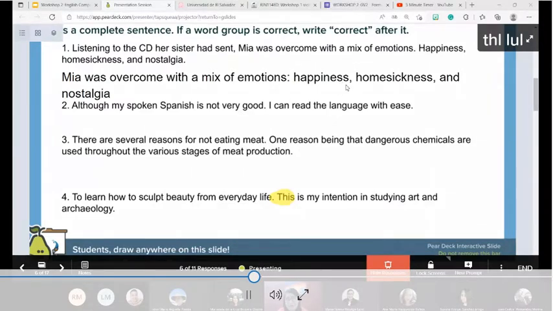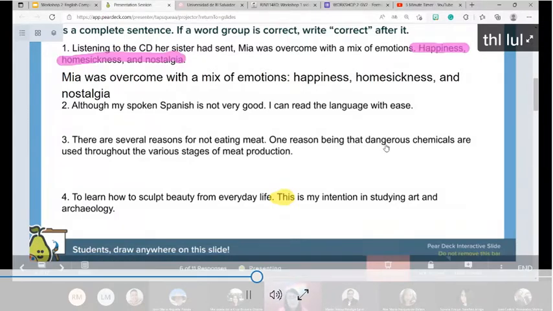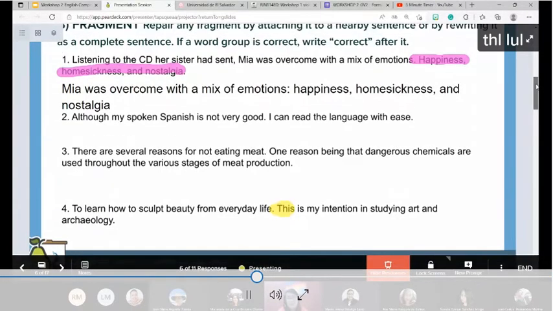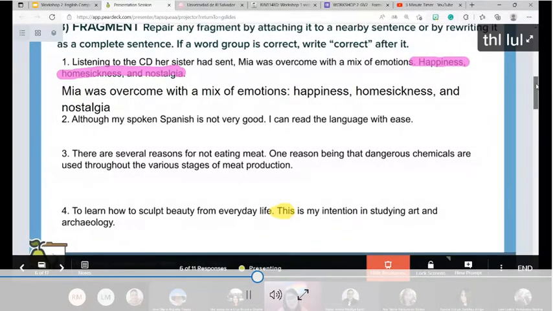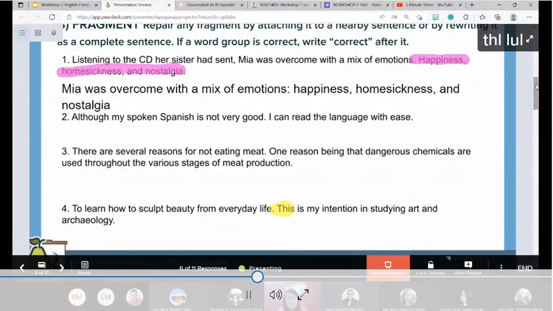A fragment is a group of words that might look like a sentence, or it could be just a simple list, as we have in the first sentence right here. What else can we have here as an example of a fragment?